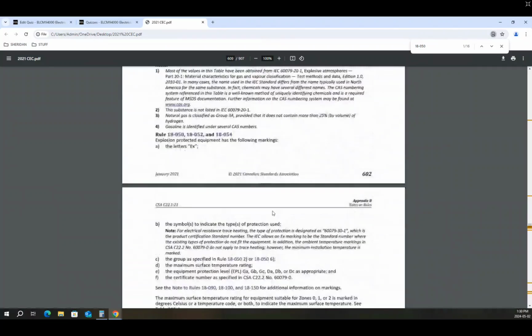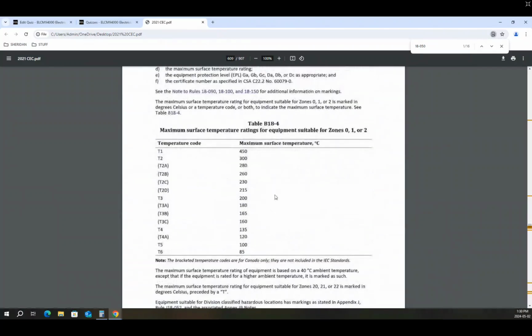And then down here, 175, maximum surface temperature. 175 is T3A, temperature code T3A.